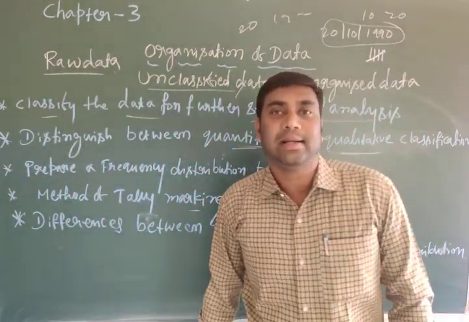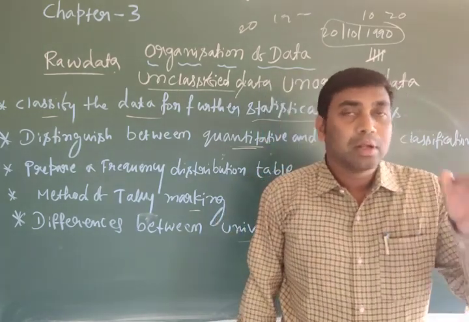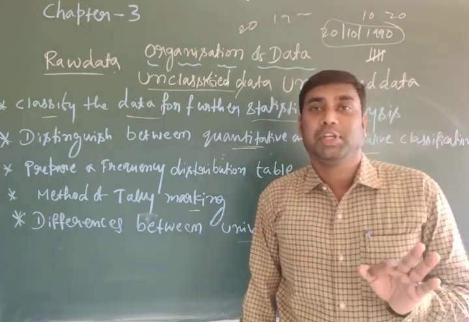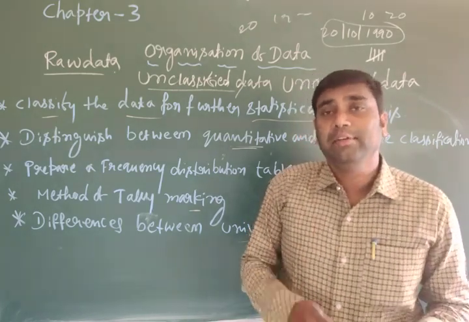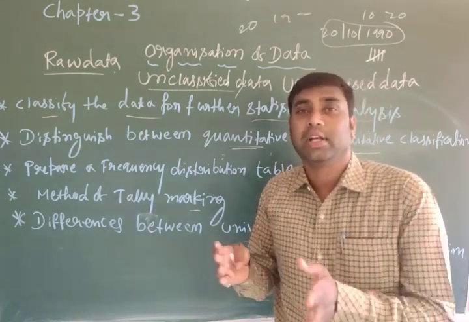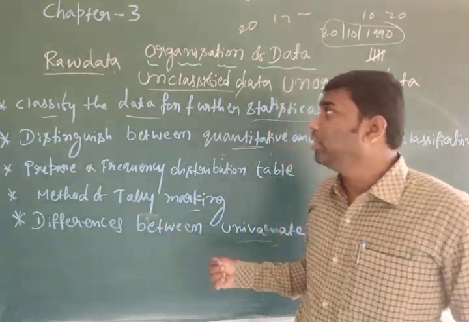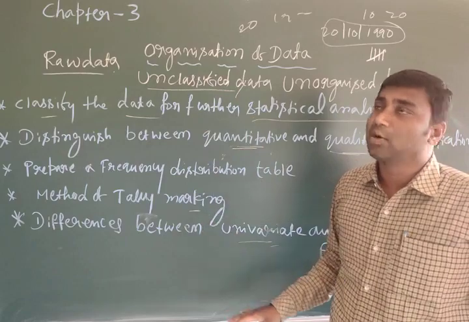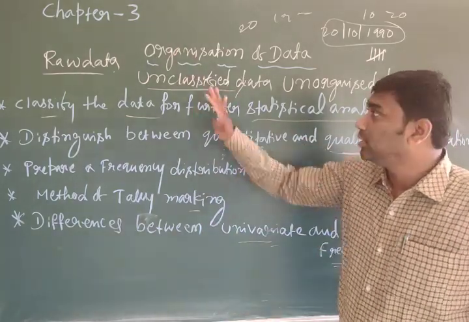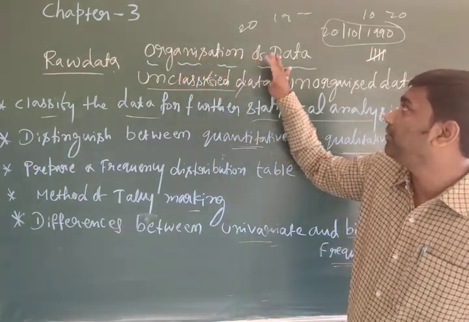To understand the raw data, first we check the collection of data. After collection of data, again we have to do organization of data. For that sake only we study this chapter. We are discussing chapter number 3, and the chapter name is organization of data.